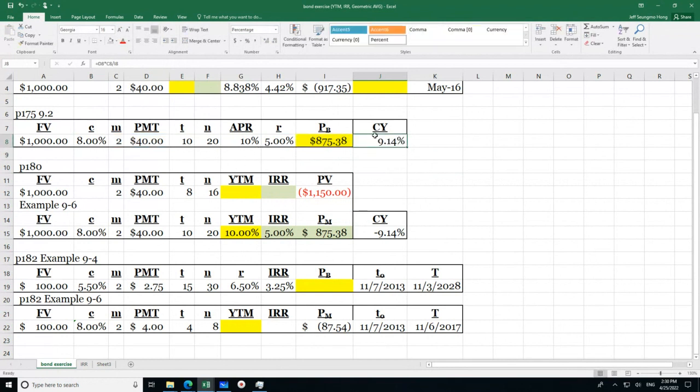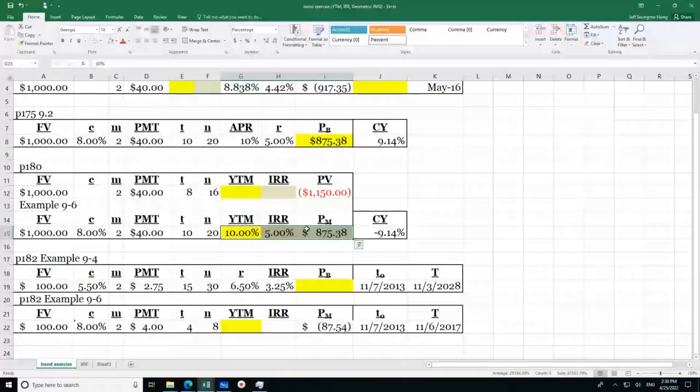Next, what's the current yield? Current yield is basically the annual coupon payment divided by the price. That's the coupon rate. Current yield, I keep saying. So what was the original problem here? I forgot.